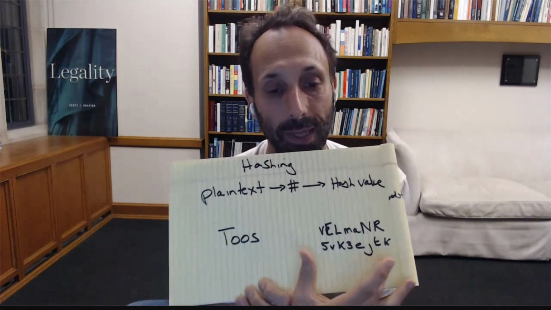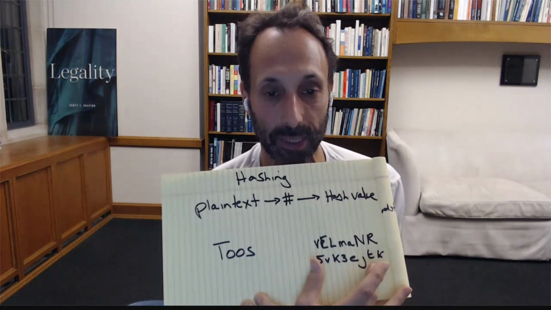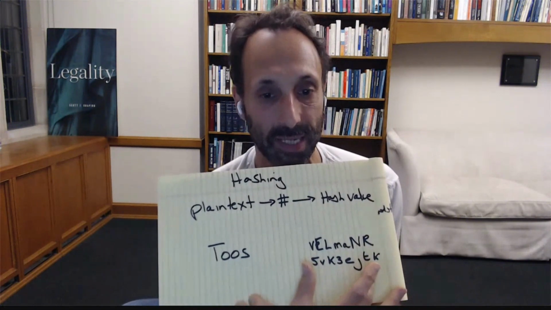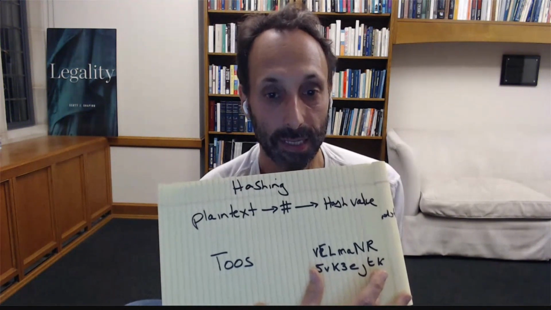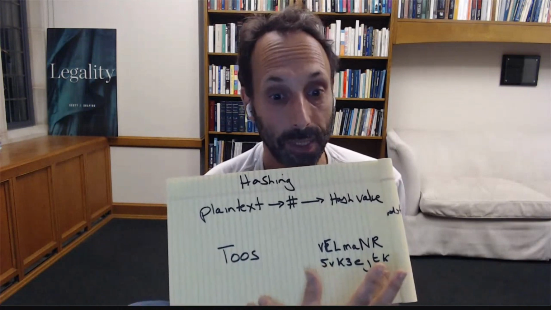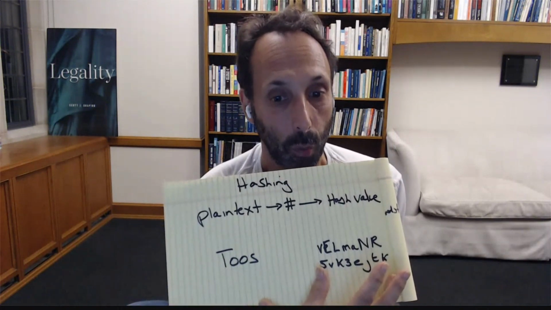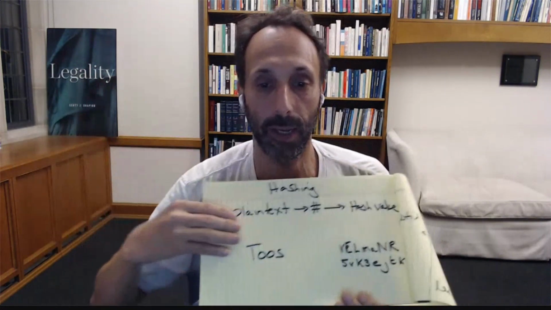The hash is in fact a message digest. It's like a summation of the plain text in some obfuscated, garbled form, so that somebody who just knows the hash won't be able, without great difficulty, to figure out what the plain text is.